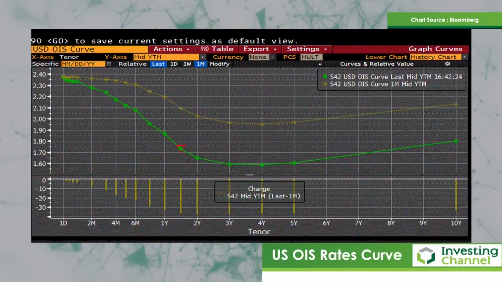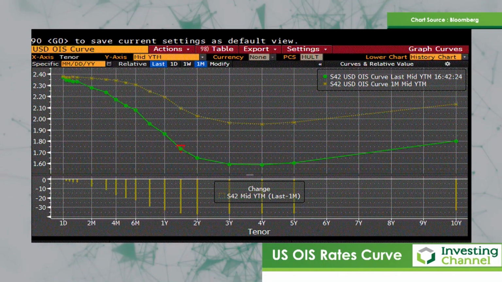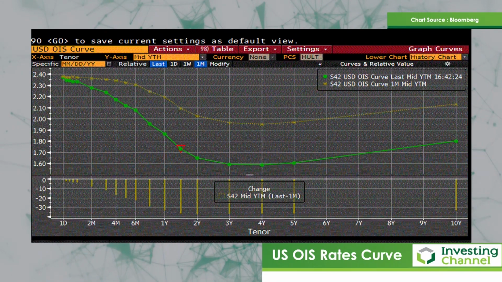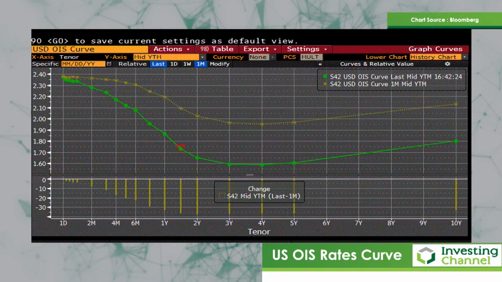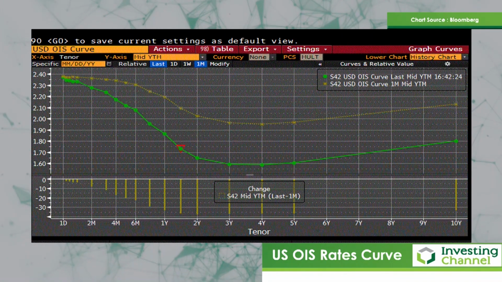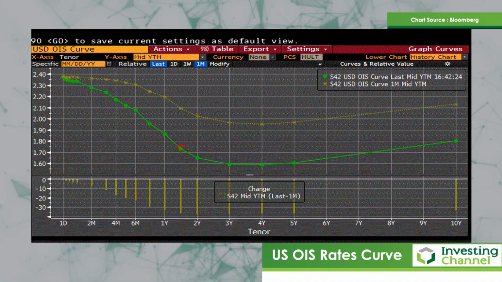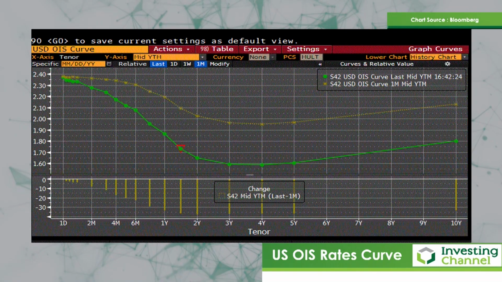If we have a look at the first chart that I've got, really this is to emphasize the point about how much has already been discounted in terms of the OIS interest rate curve for US dollars. Over the past month, this shows the changes. Yellow line is where we were a month ago. The green line is where we were yesterday afternoon.